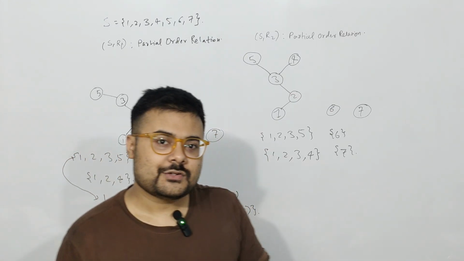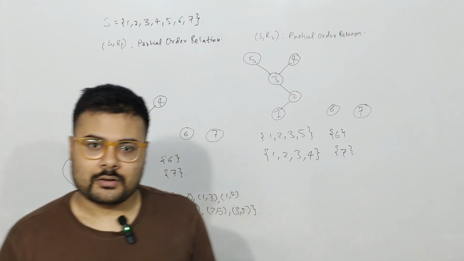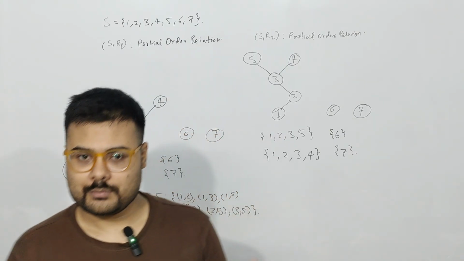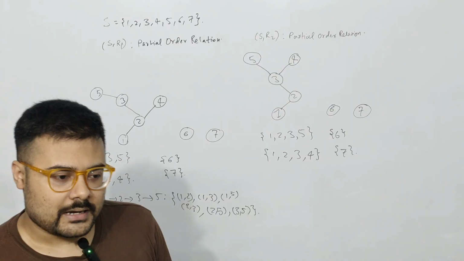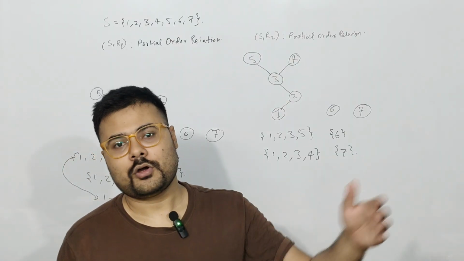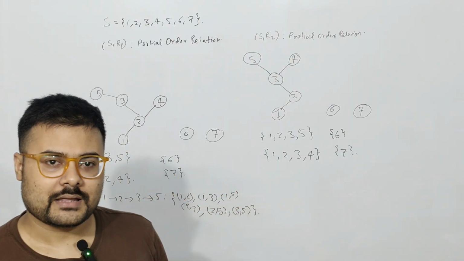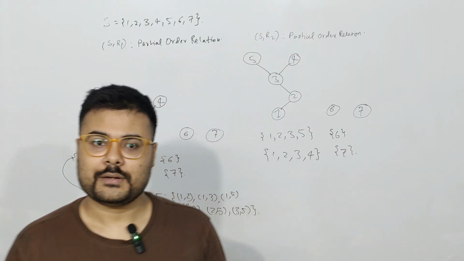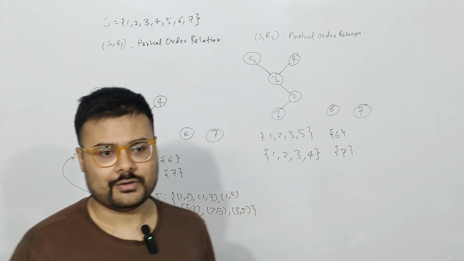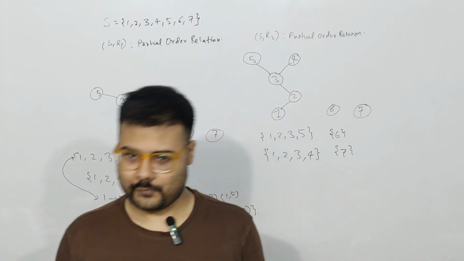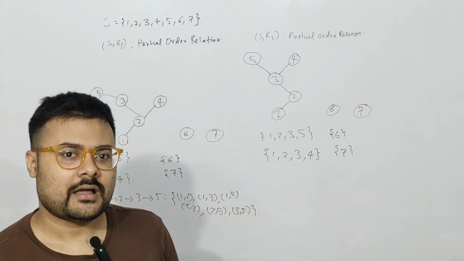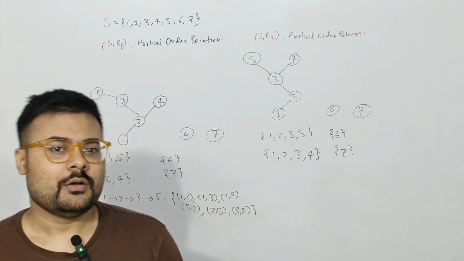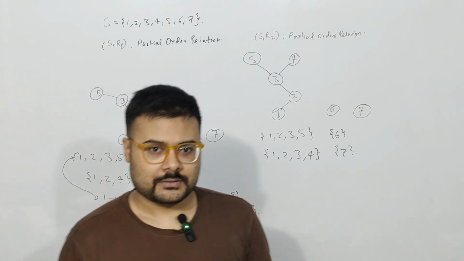But as you add non-reflexive pairs, the number of maximal and minimal elements may decrease, and ultimately if you have enough non-reflexive pairs, the number of maximal or minimal elements will decrease to 1, and it becomes a unique maximal and unique minimal. When it is unique maximal, unique minimal in a finite poset, then there are greatest and least elements. All of these things we have seen. That is for the finite poset.